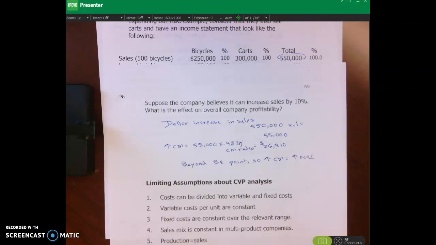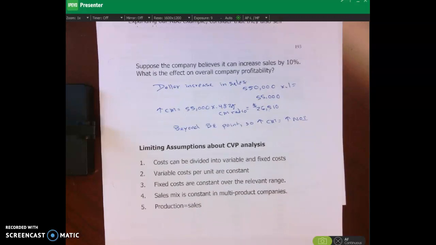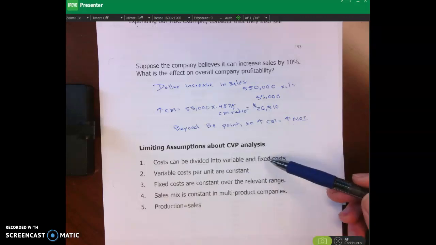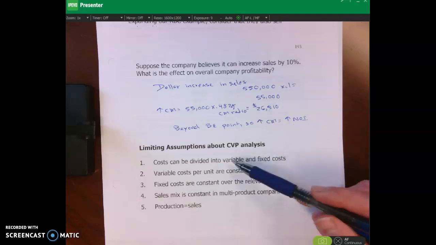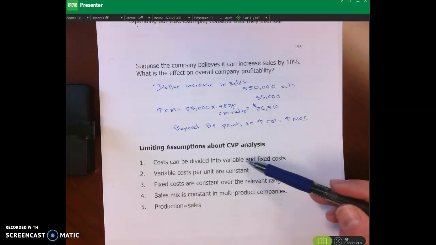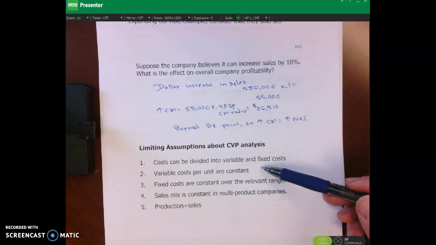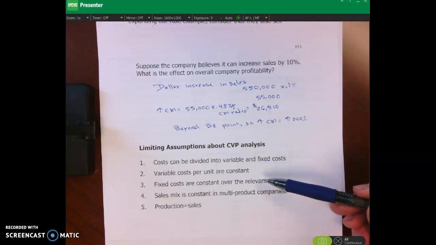We also have to talk about some assumptions with cost-volume-profit analysis. The first is that we can easily separate our costs into variable and fixed components. We have to be able to do that because otherwise we can't estimate the cost, since we know variable cost behavior and fixed cost behavior. That's why we took those mixed costs in prior lecture videos and separated them into fixed and variable components.